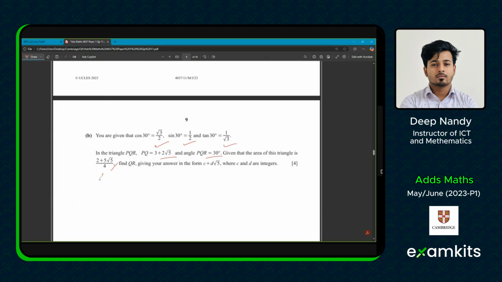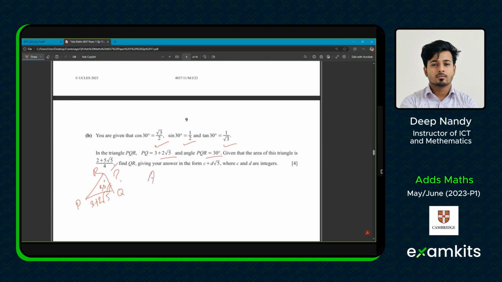So basically, this is triangle PQR. We know PQ equals 3 plus 2 root 5, angle PQR equals 30 degrees, and the area is given. We need to find this part.